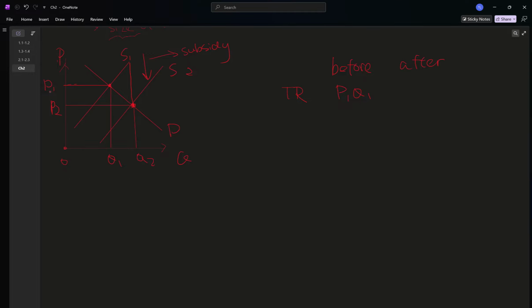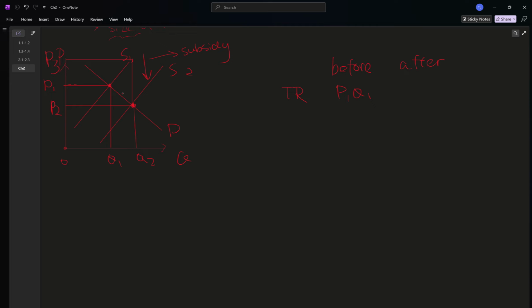The reality is that the producer doesn't really reduce the price.